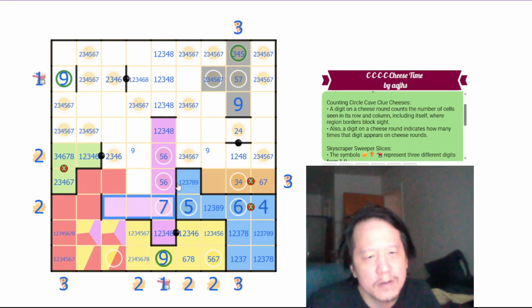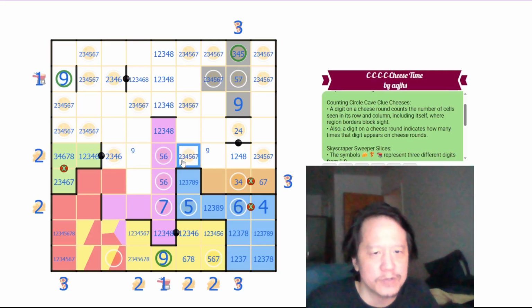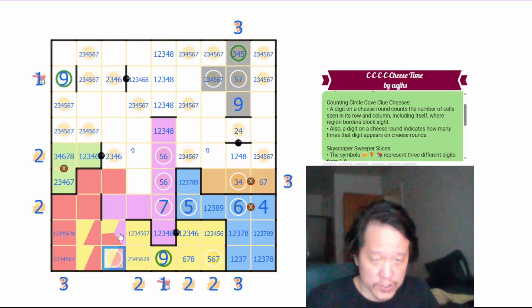Okay. Oh, one of these would have to see 1. So this can never be pink. Right? Because one of them has to see 1 in this direction or this direction to see 6 cells. So we could have yellow, yellow. We could have red, red.